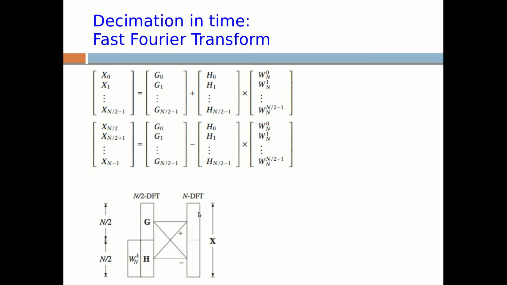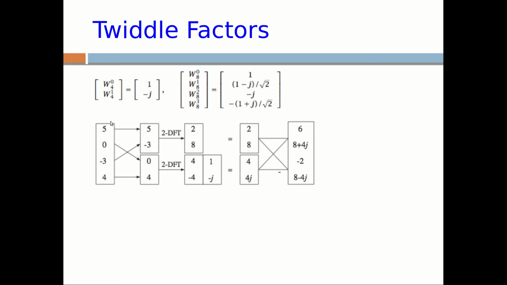Let's see using an example. So here, this matrix W is the twiddle factor for a 2-point DFT, whereas this is the twiddle factor for a 4-point DFT. Let's see how to calculate a 4-point DFT using the FFT. Given 4 points 5, 0, minus 3 and 4, we split the even terms and the odd terms.